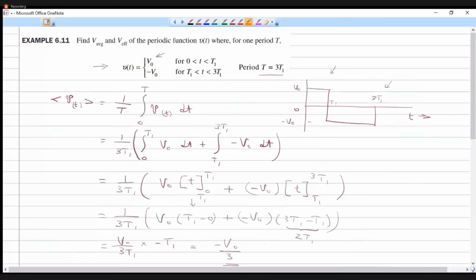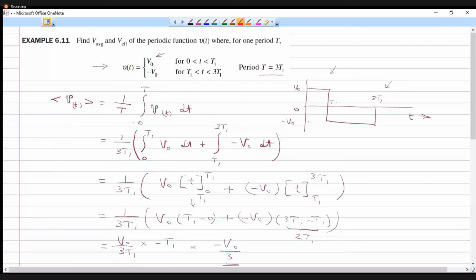After that, we have taken one example in which a periodic function is given. So it is a square wave. The only thing you have to know is how the intervals for integration are taken. So you know the expressions to find the average and the RMS value.